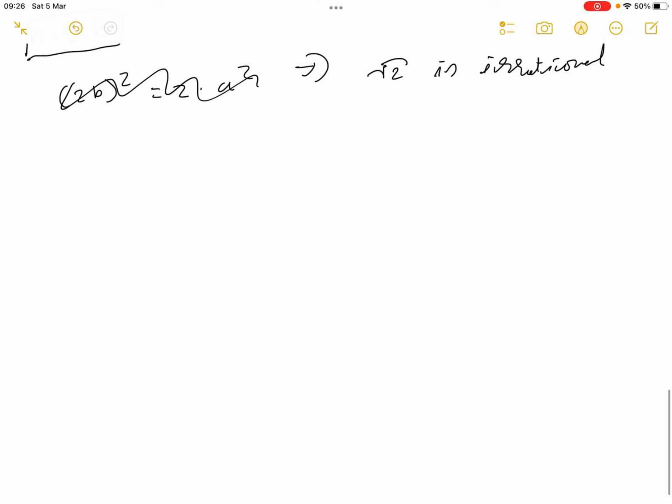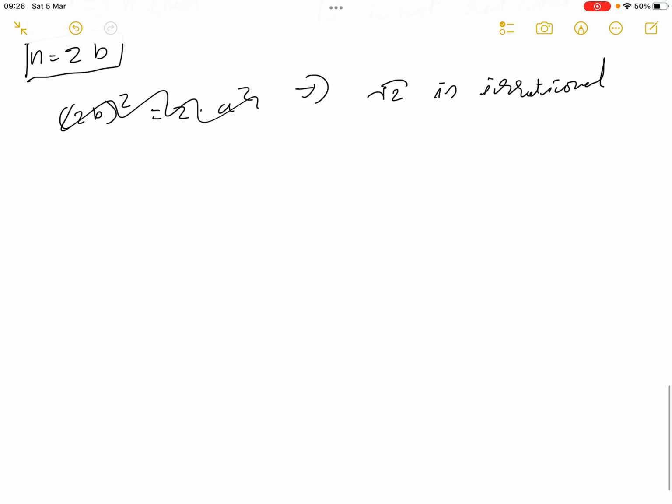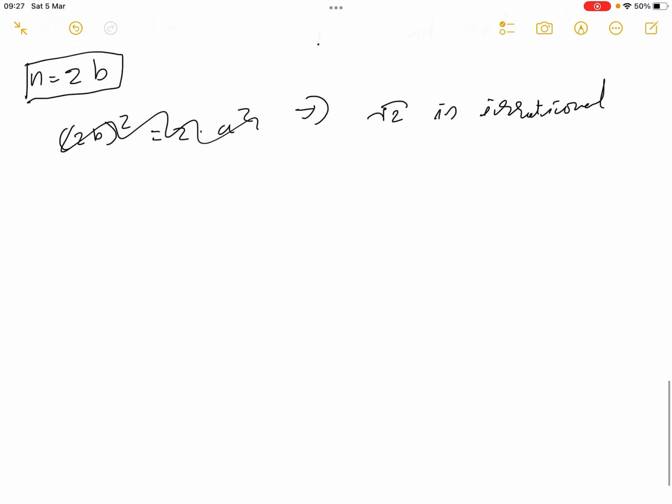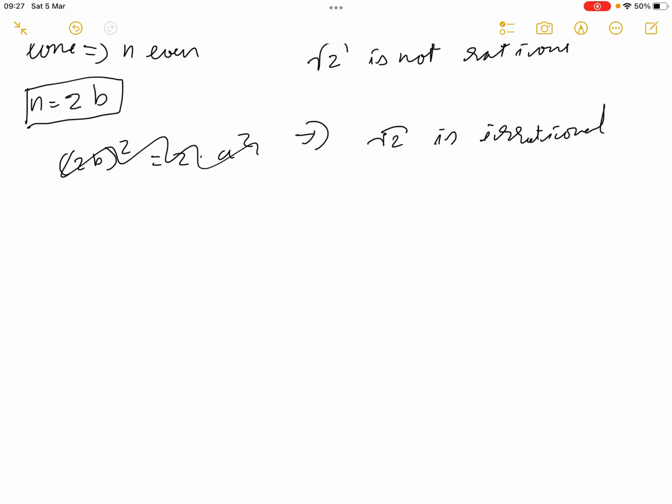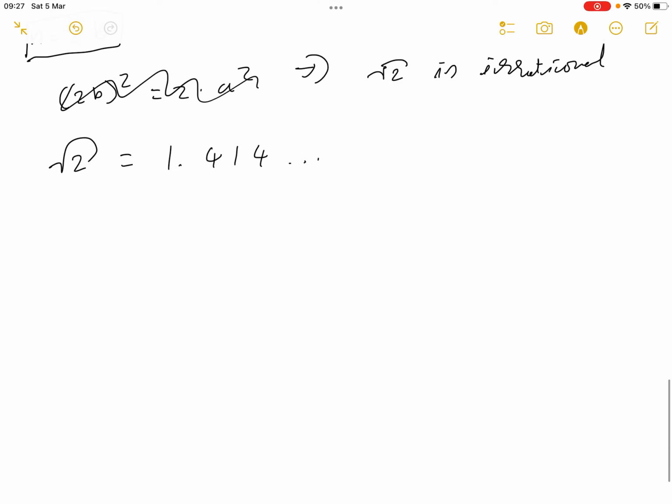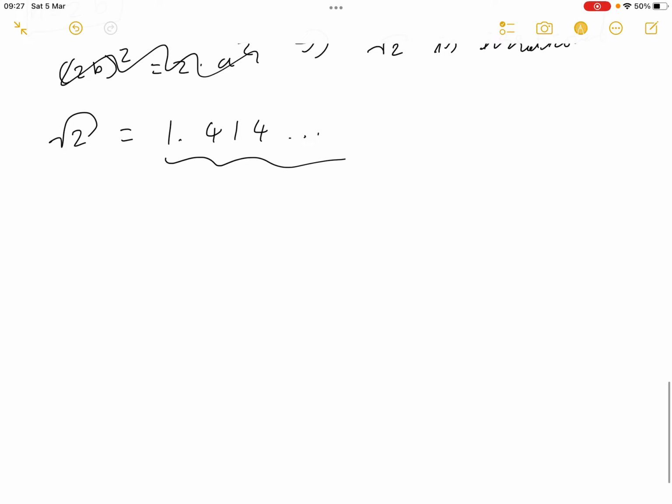And it's actually quite difficult for people to know what exactly it means for a number to be irrational, and what even is square root of 2. So square root of 2 is equal to 1.414, and so on. And the special thing about writing it out like this is you can tell a number is irrational if the digits never repeat or never terminate.